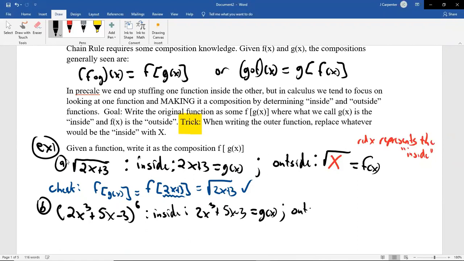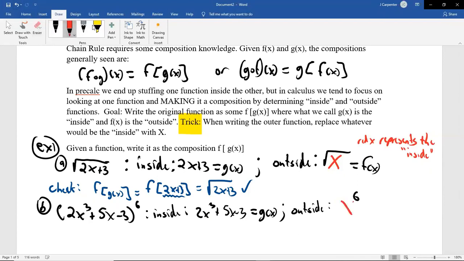Making the outer function, the outside, well, that's the parentheses to the 6th part. So it's all of the inside raised to the 6th. But instead of writing the inside, and again, you could write it this way, some people would write it's the inside stuff raised to the 6th power. But I don't like doing it that way. I like to use my little trick where I write an x representing the inside.